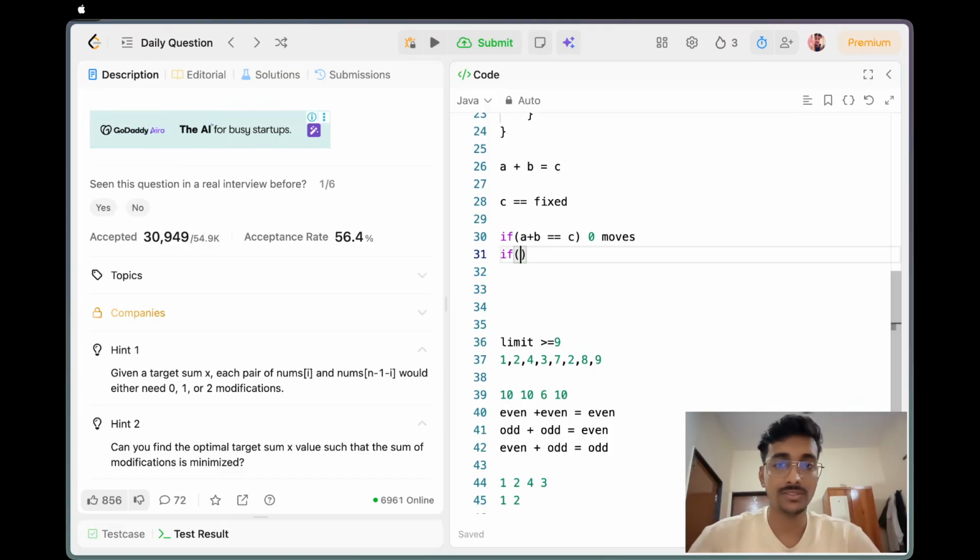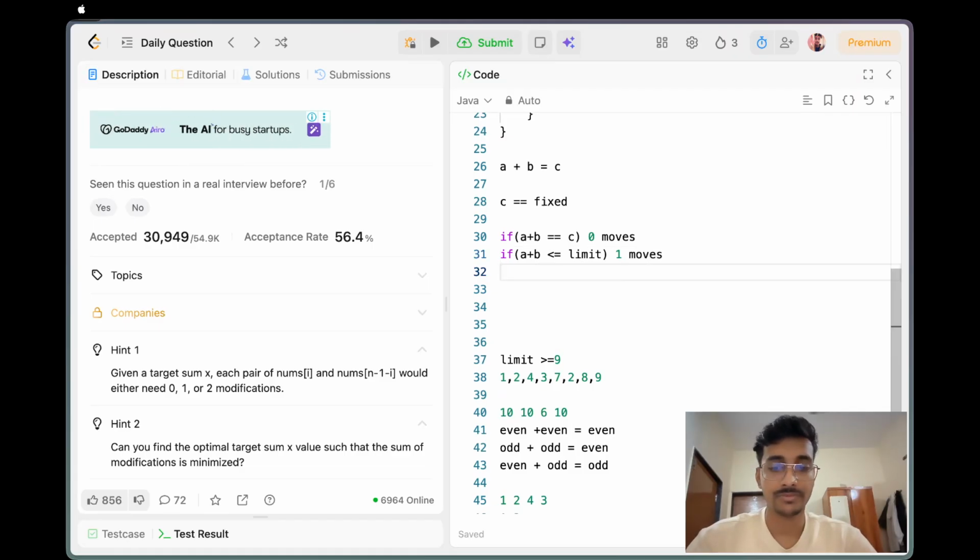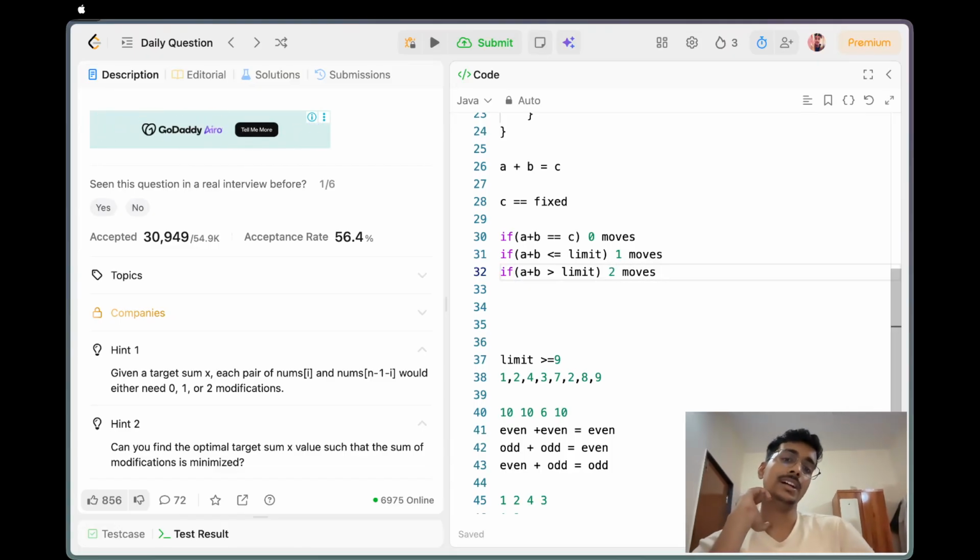Else if a plus b is less than or equal to limit, then one move is required. If a plus b is greater than limit, two moves required. Let's justify this first. Why?